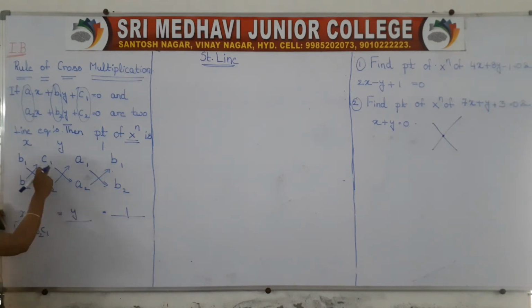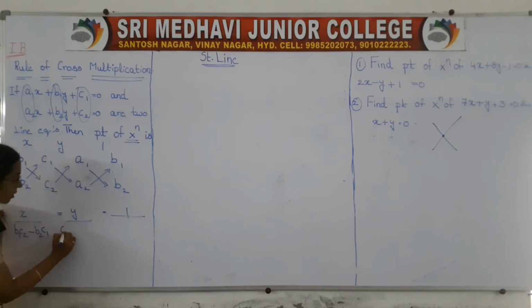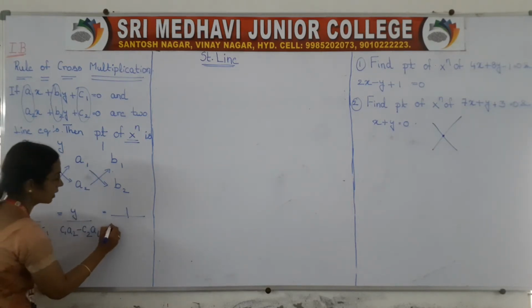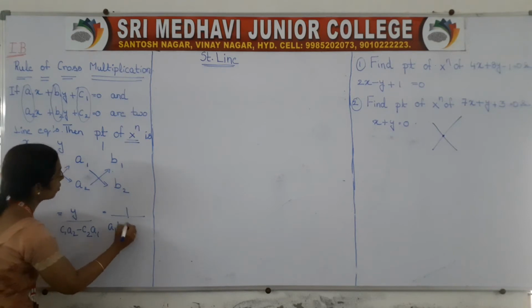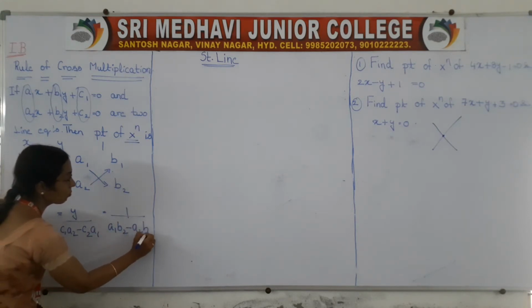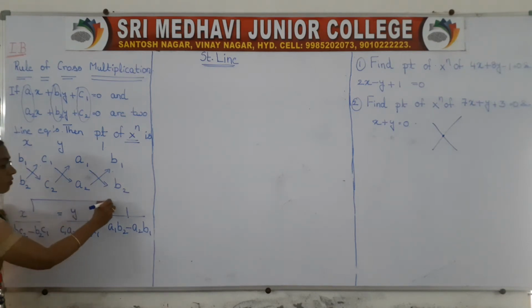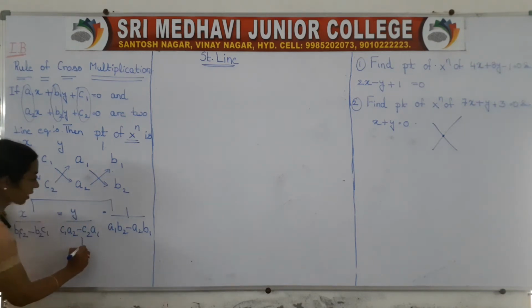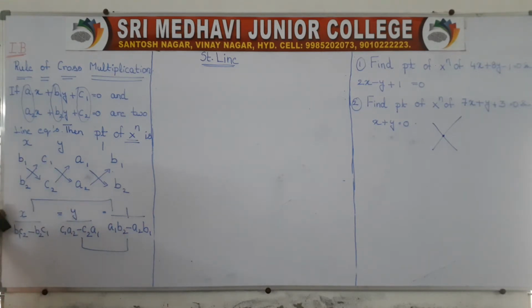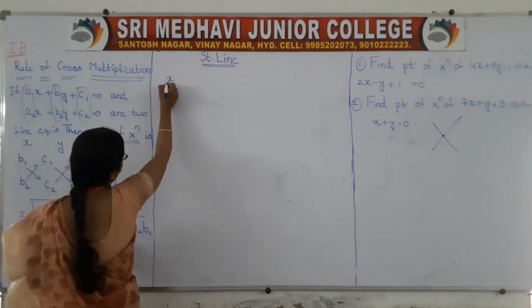Similarly for y, this into this minus this into this: c1 a2 minus c2 a1. For 1, it is a1 b2 minus a2 b1. This is the procedure. After that you take once these 2 and once these 2, and you will get your x value and y value. That is called the cross multiplication method.